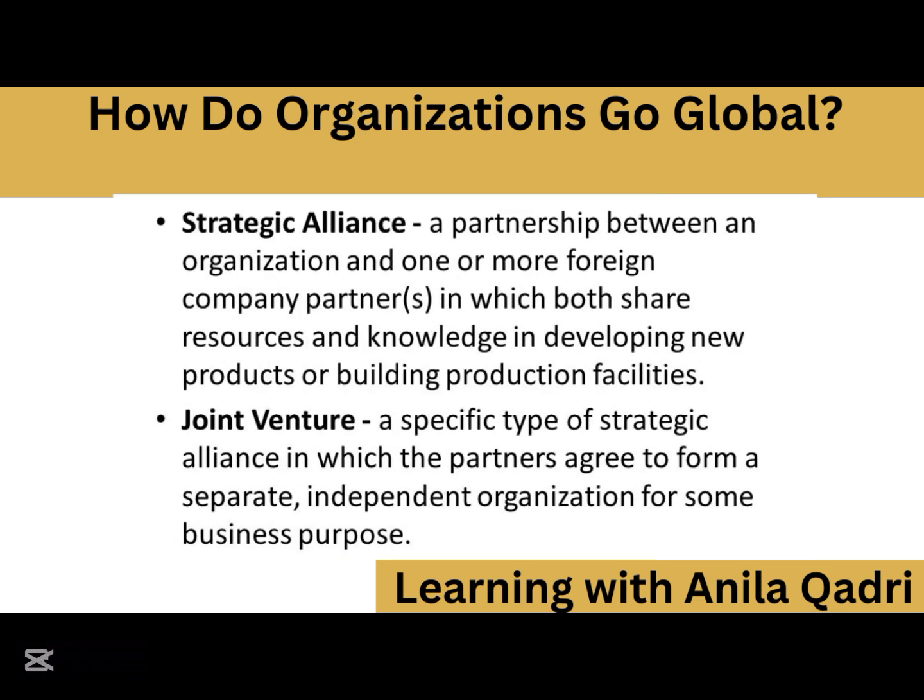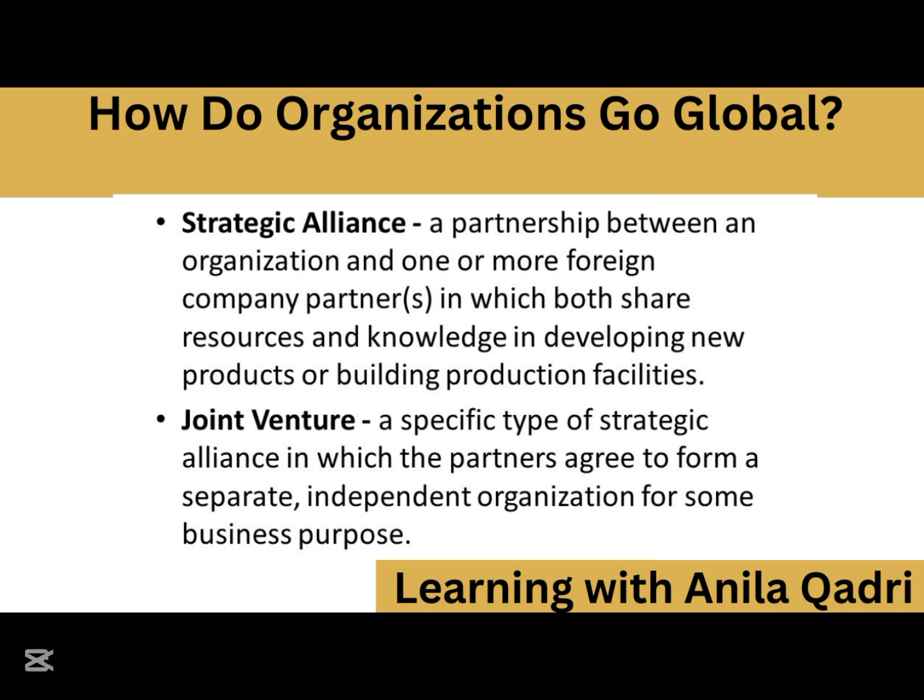Going global, strategic alliance, a partnership between an organization and one or more foreign company partners, in which both share resources and knowledge in developing new products or building production facilities.